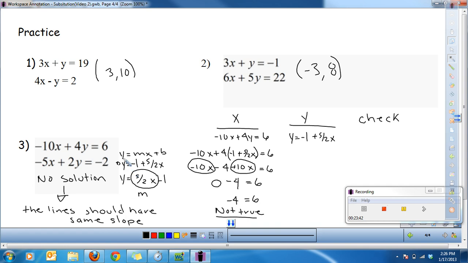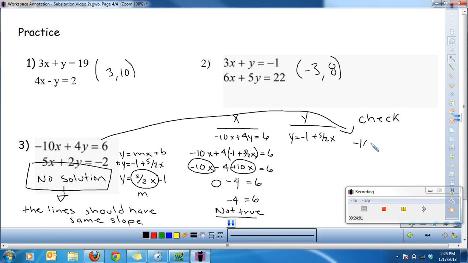That's my m. What we need to do in order to check that the answer is actually no solution is rearrange this equation and see if we get 5 over 2 as a slope. So that is what I'm going to write underneath my check.